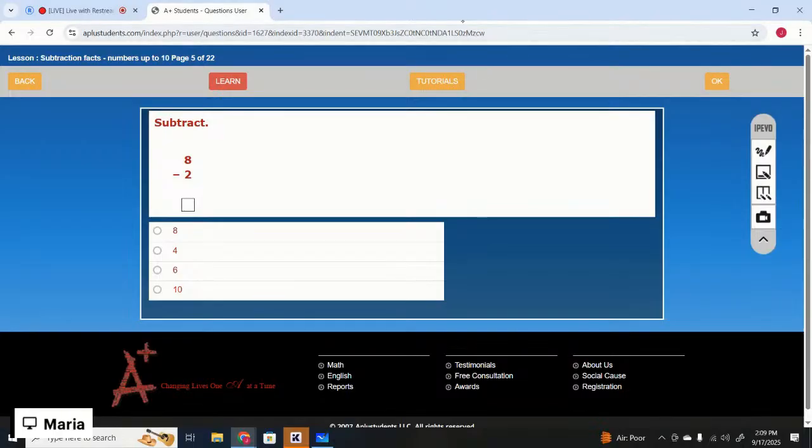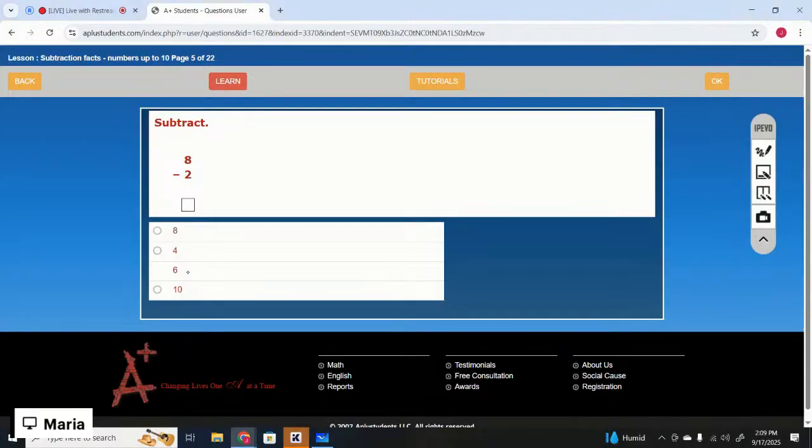Eight take away 2. So start with the smaller number and count up to the greater one. Eight take away 2 is 6.